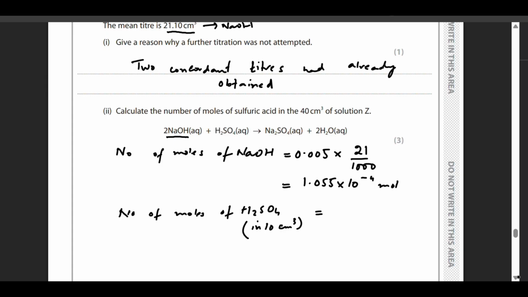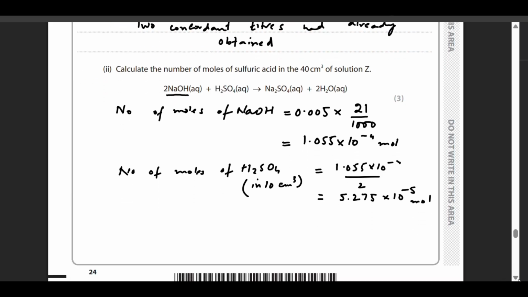So if you divide that by 2, then the half will be 5.275 times 10 to the power minus 5 moles. So these are the moles of sulfuric acid.